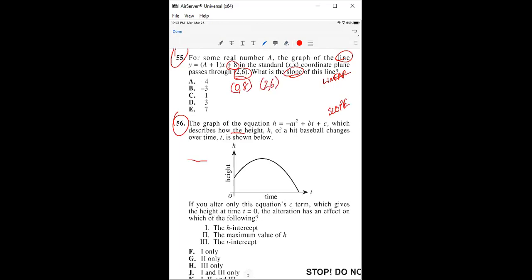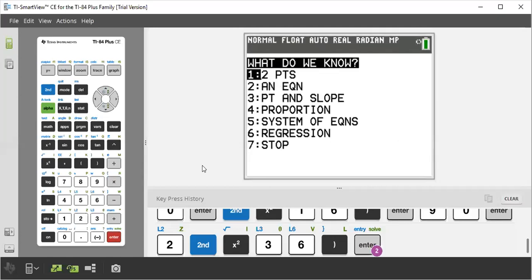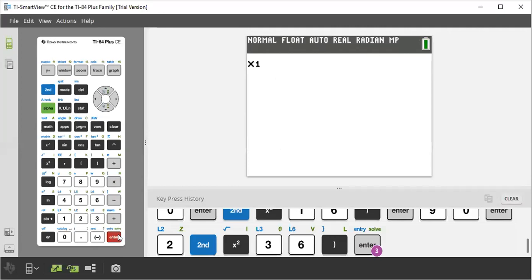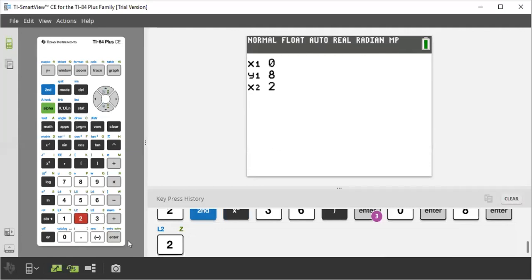So we're going to go back to the calculator. We're going to press enter since we just used it, and use option 1 for 2 points. The 2 points are 0, 8, the y-intercept, and the other point that the line goes through is 2, 6.